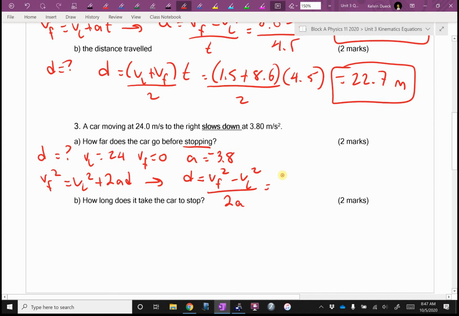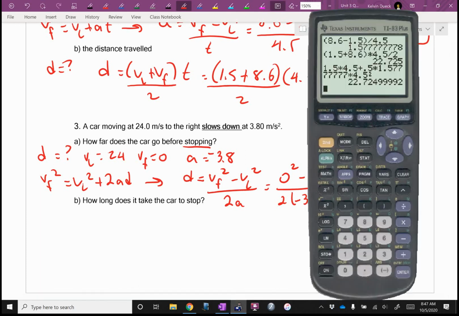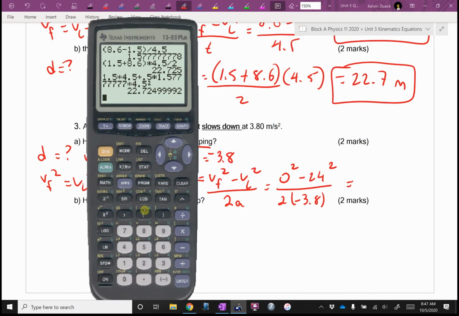It's going to be 0 squared minus 24 squared all over 2 times negative 3.8. 0 squared minus 24 squared divided by 2 times negative 3.8. You get positive 75.8? Yeah?